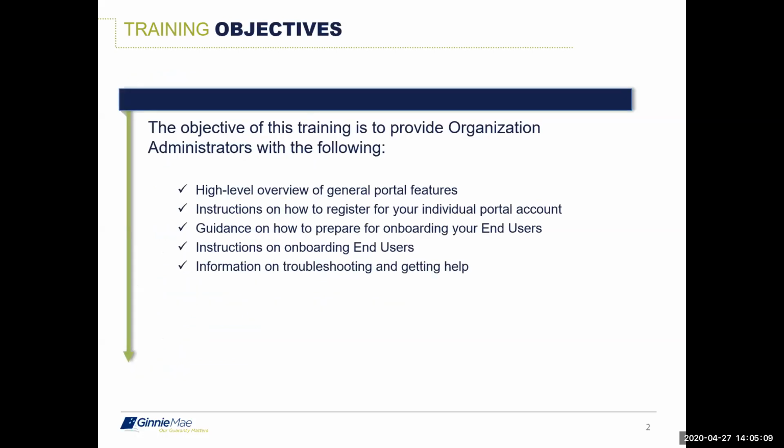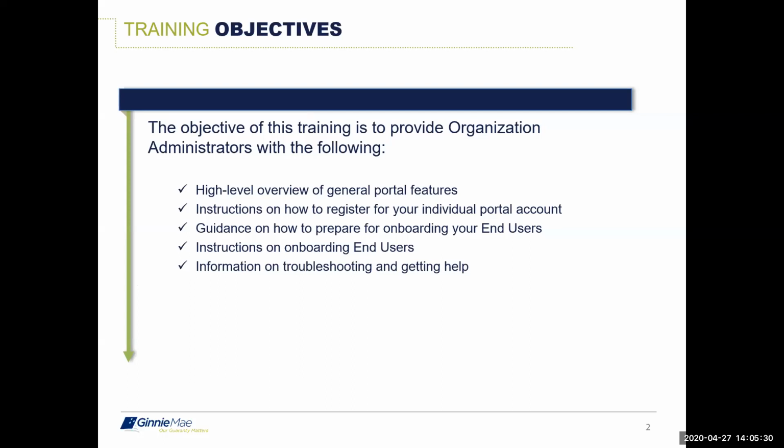Okay, so what are we going to do? Today, we are going to speak to our organization administrators. We're going to give you a high-level overview of MyGinnieMae, the portal, some of its general features. And then we're going to get specific about how you register for your own account in MyGinnieMae.